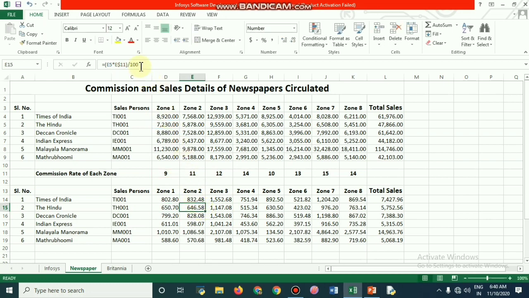Okay, look here. Now it is $11. The row number 11 doesn't change, but D, E, F, etc. changes. Here when you drag it down to here, what happened? Even though the formula gets copied, certain other things don't change.